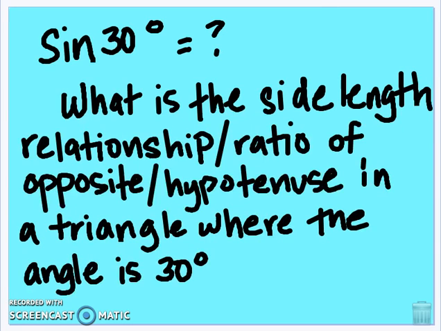Another way to look at this question: originally we were looking at the sine of an angle measure being equal to some side length relationship. So sine of 30 degrees is asking, what is the side length ratio of the opposite side to the hypotenuse in a right triangle where the angle is 30 degrees?